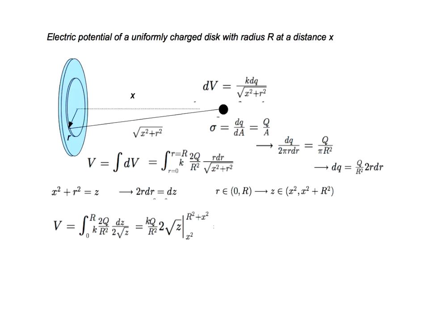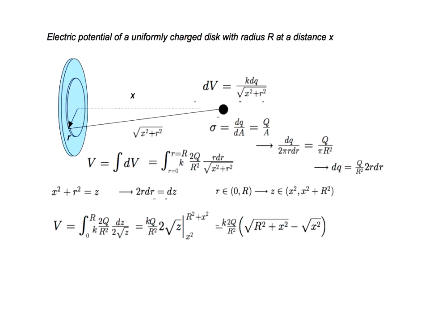What is remaining is to evaluate at those limits and write the result for the electric potential due to a uniformly charged disk as k times 2q, the total charge, over the radius of the disk squared, times the expression in the parenthesis, which comes from the integration: square root of the radius of the disk squared plus x squared minus the square root of the distance squared.